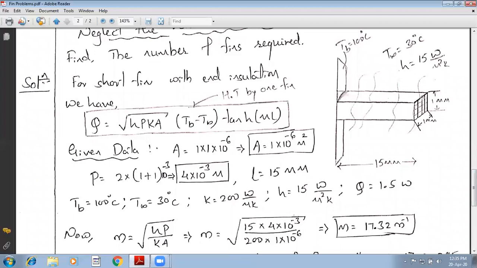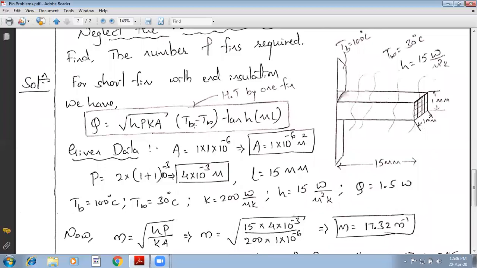Now how to calculate area? Area is nothing but this one. Now this is square cross section, 1 multiplied by 1. But these are in mm. Convert them into meters. So 10 to the power minus 6 meters square. Now you have calculated perimeter, you have calculated area. k and h are given.